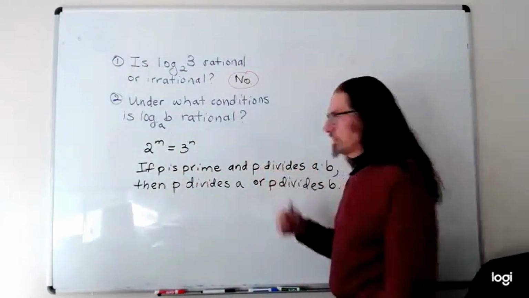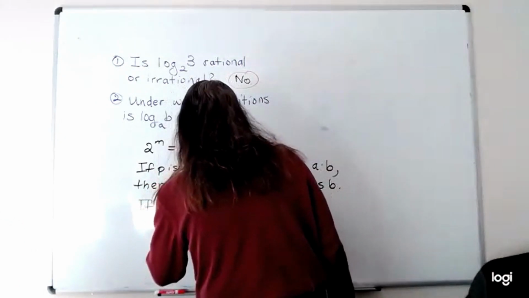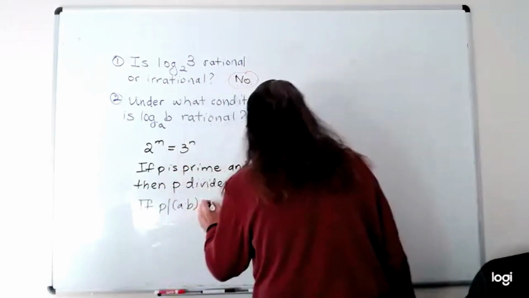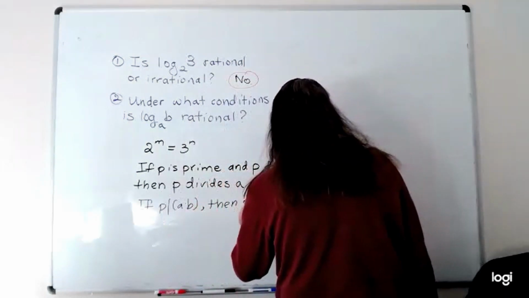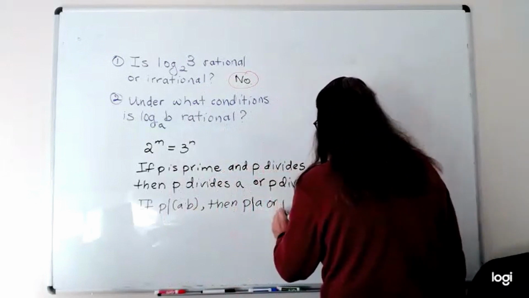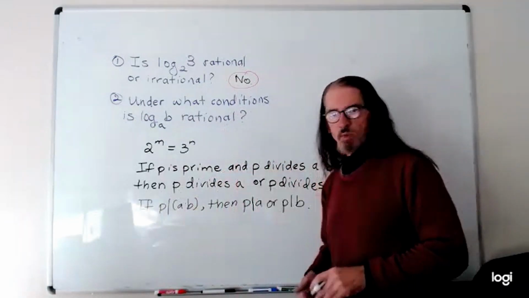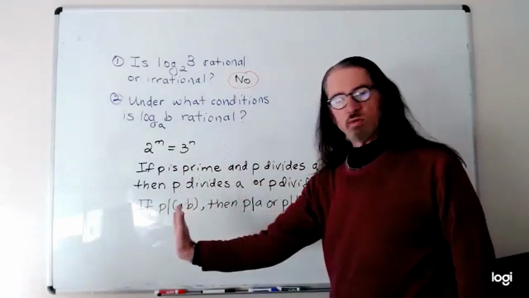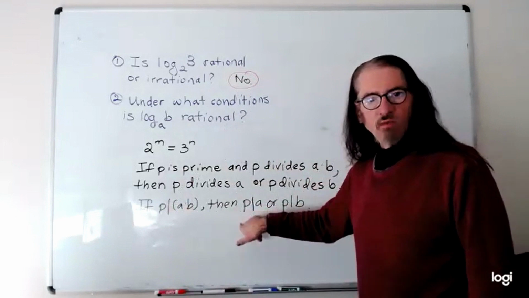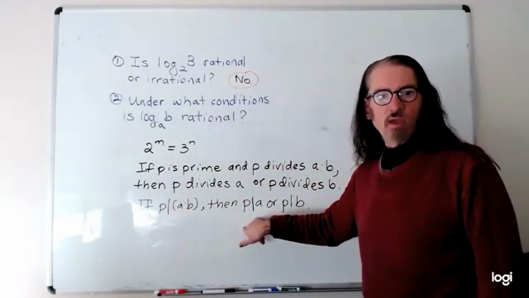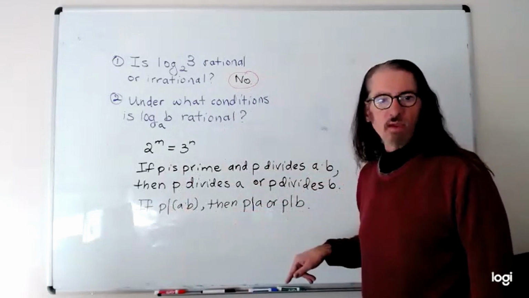This gets abbreviated using this symbol. Be careful, that is not a forward slash. This, for example, is not saying p divided by a. It says p divides a. It is a divisor of a or a factor of a.